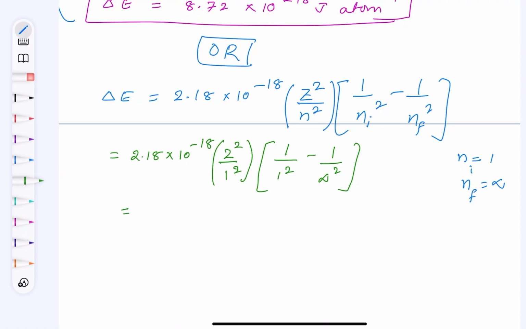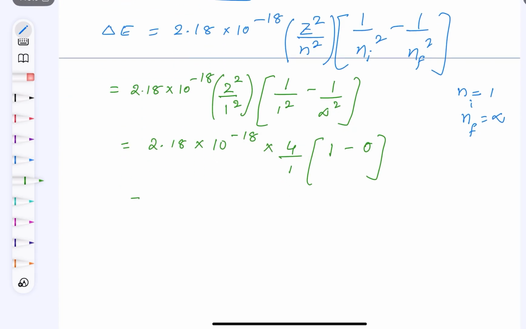Now you just solve this: it will be 2.18 into 10 to the power of minus 18 into 4, and in the bracket you will have 1 minus 1 by infinity square, which is 1 by infinity, which is equal to 0. So 1 minus 0 would be 1 only. So you are left with 2.18 into 10 to the power of minus 18 into 4. Multiply this value and you will get 8.72 into 10 to the power of minus 18 joules per atom.